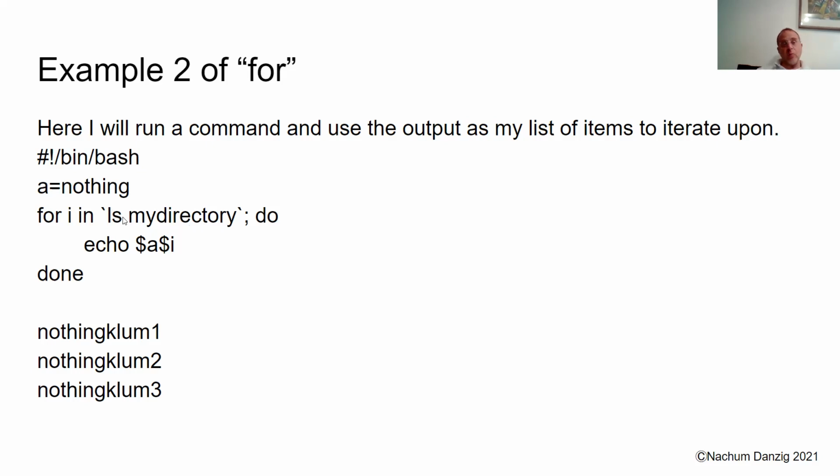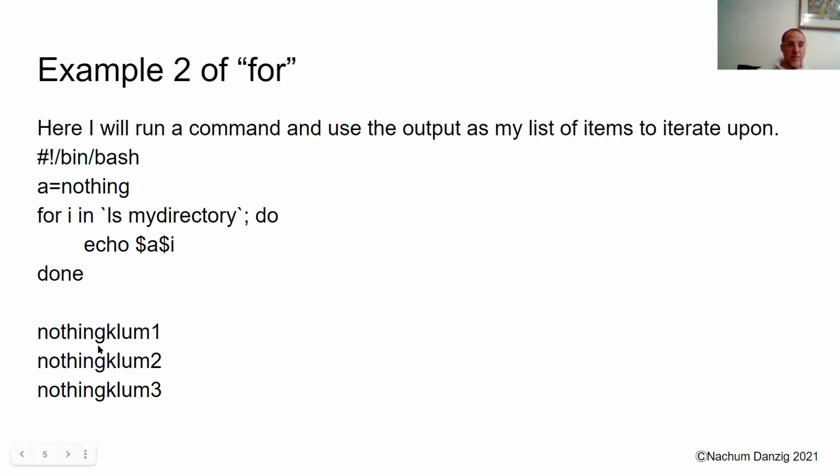And then whatever the output of that command is will be assigned sequentially to I. In other words, every individual space delimited or return or white space delineated result will be assigned to I in succession. So if my directory has in it 3 files, then presumably 3 files will be assigned to I.